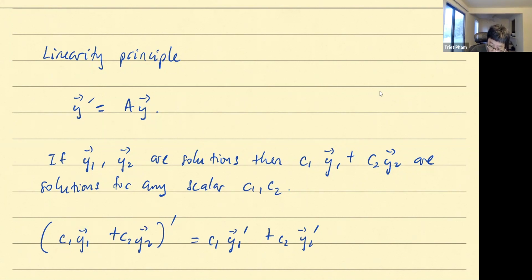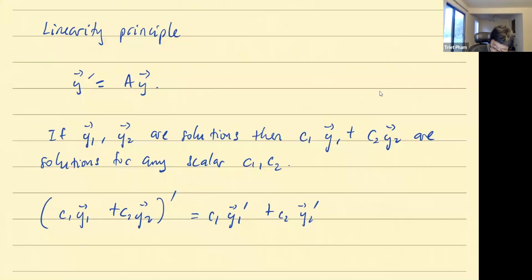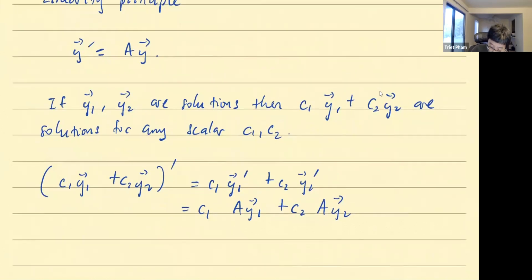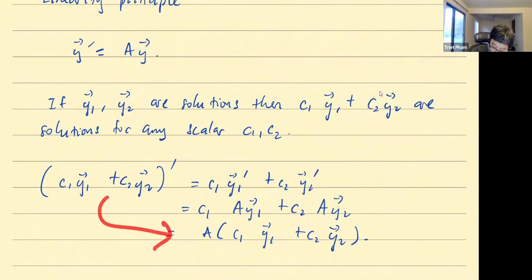But what's y1 prime? y1, y2 are solutions, so they must satisfy the equation. So that means C1 Ay1 plus C2 Ay2. Then factorization gives us A times C1 y1 plus C2 y2. And reading it from the first to the last step tells us that this is indeed a solution.